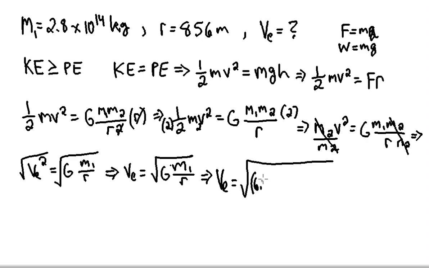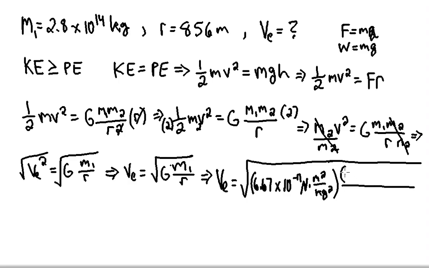So 6.67 times 10 to the negative 11 newtons times meter squared divided by kilogram squared, multiplied by, up top here, we have 2.8 times 10 to the 14 kilograms, divided by 856 meters.